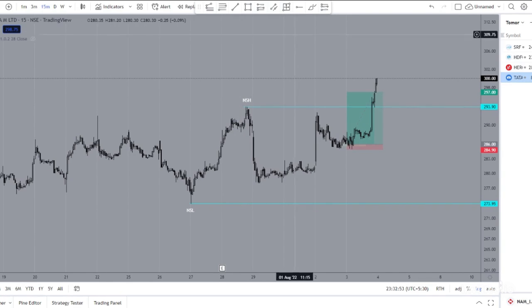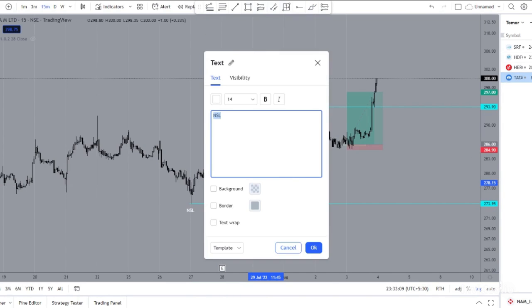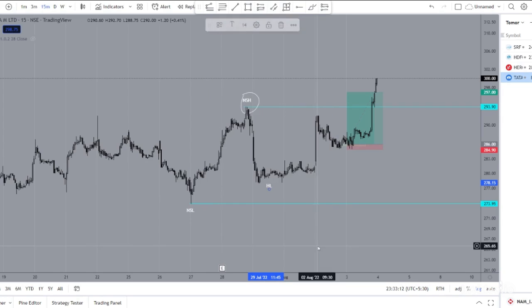Our premise is that once a stock has created a new structure high, it should give a pullback and create a higher low, which is higher than the previous low. So our expectation is that once the stock has made a new structure high, it should make a higher low, and again it should make a new structure high.